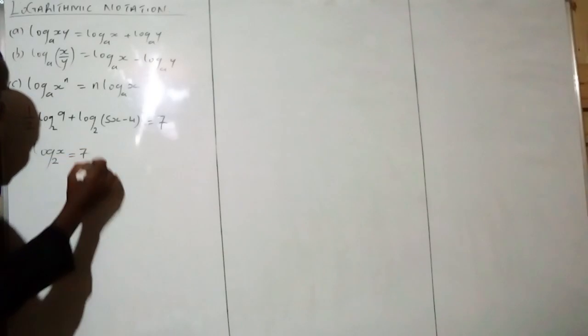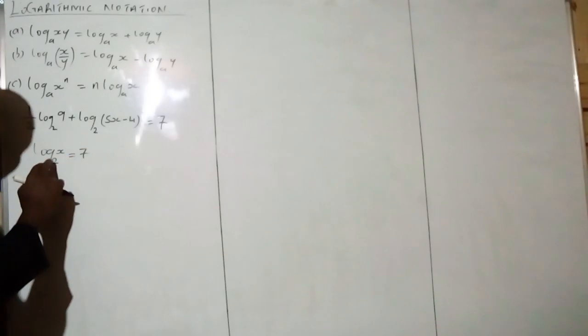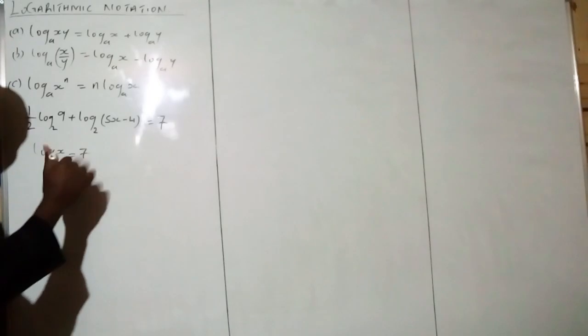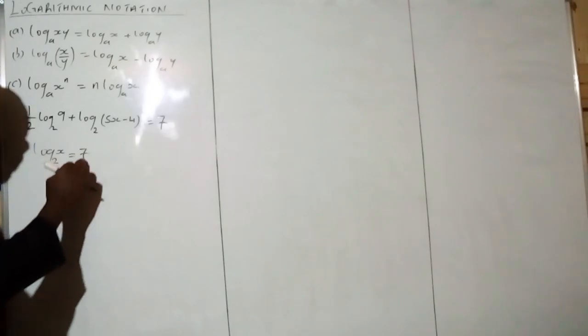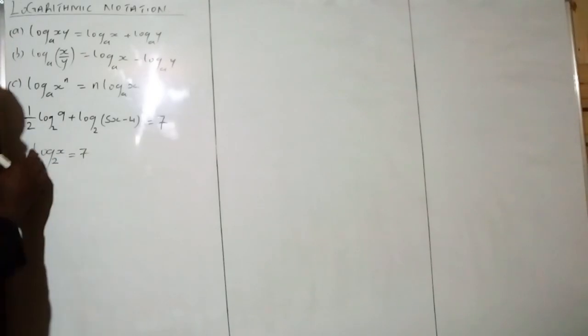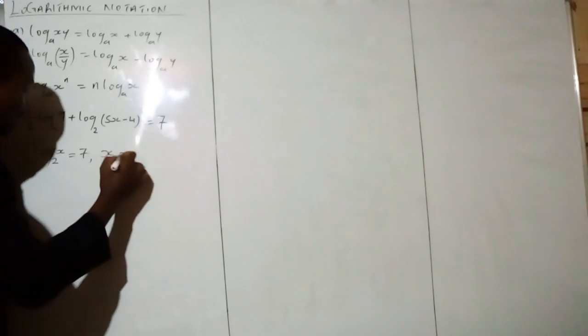Then this 2 takes the position of the base, and 7 becomes the power, leaving x on my left hand side. So x is equal to 2 raised to power 7.